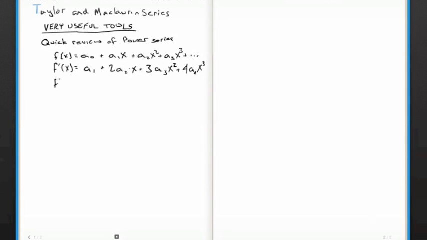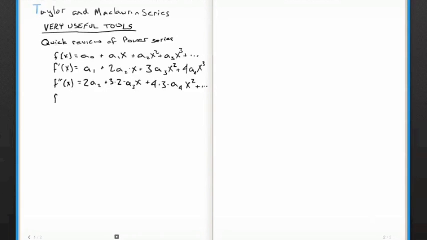The second derivative of this same power series, well, once again, the a sub 0 goes away, and this x goes away, so that becomes 2a sub 2, plus this becomes a 6, 3 times 2, because I had this 3 here and I took this 2 down, so 3 times 2 times a sub 3 times x, so the squared becomes a linear, and then plus 4 times 3 times a sub 4, and the x cubed becomes an x squared, and that will carry on and on like that.